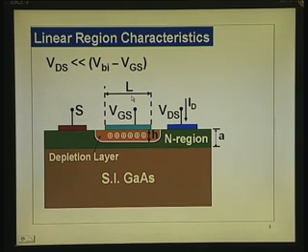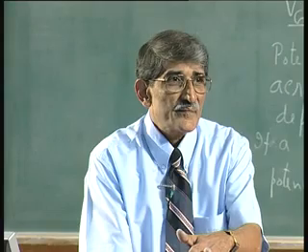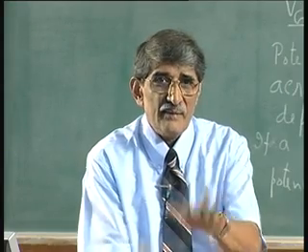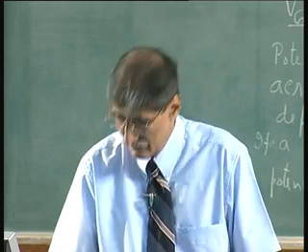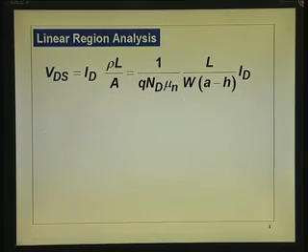If you satisfy this condition, this whole region from here to here is a fixed resistor of height A minus h. h is constant right through. So VDS is equal to ID into rho L by A. L is the channel length, rho is the resistivity of the n layer, A is the area of cross section.